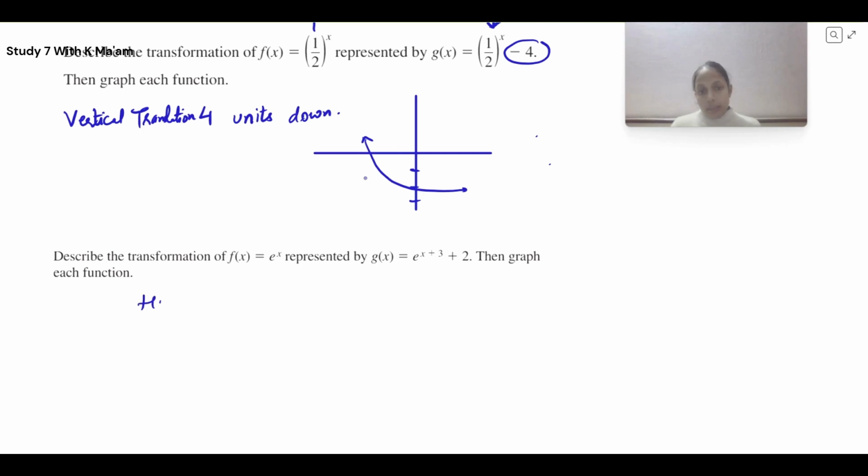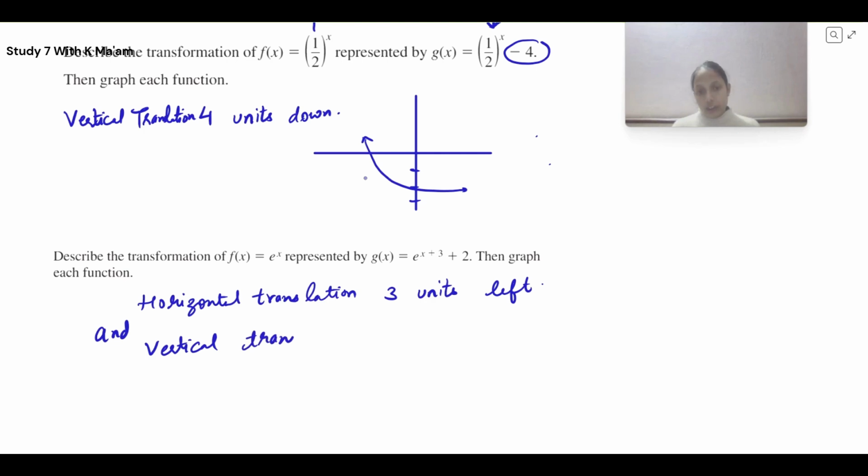So I will say horizontal translation 3 units left, and vertical translation 2 units up. And how will the graph look?